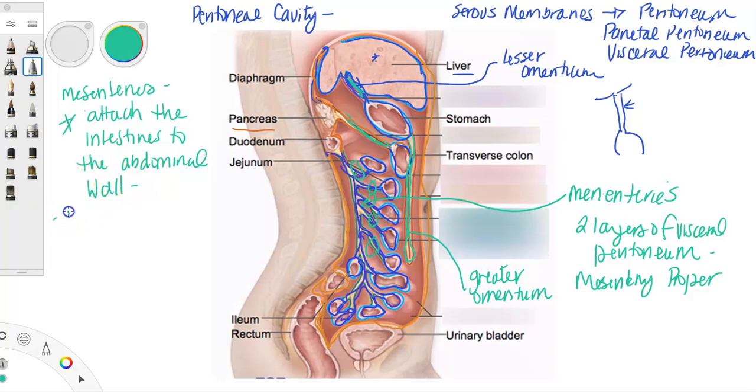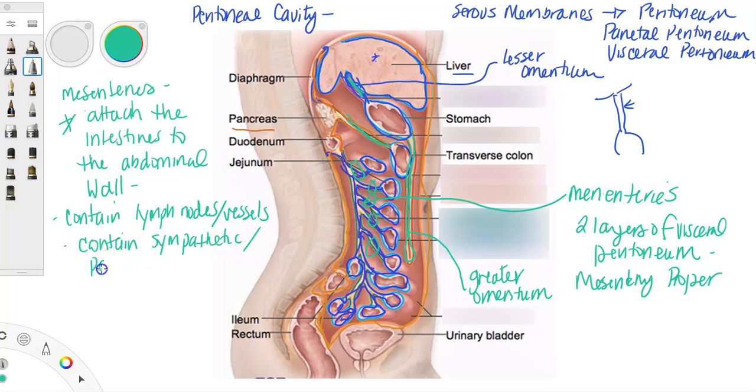They contain lymph nodes and vessels. Okay, and they also contain sympathetic and parasympathetic nerve endings, or nerve fibers.